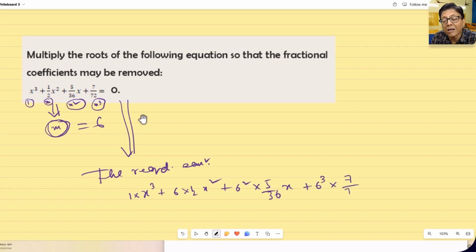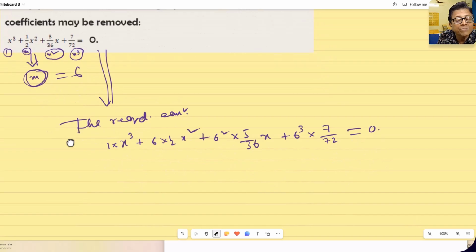This I have done by observation. Now see the transformed equation. So x cube plus 3x square plus 5x plus 216 by 72, that is 3, equal to 0.